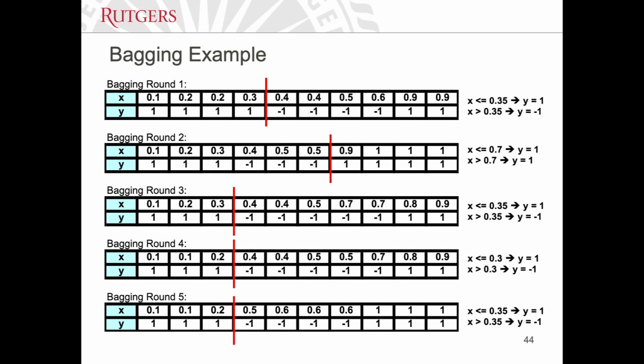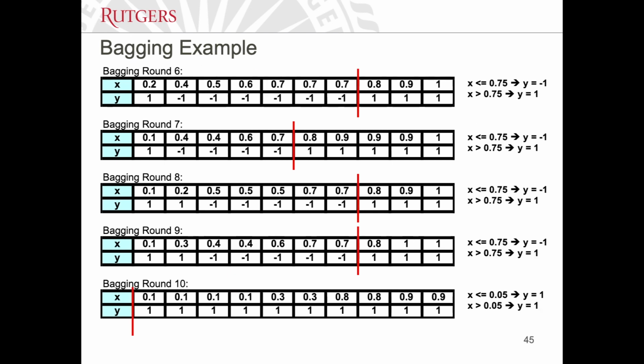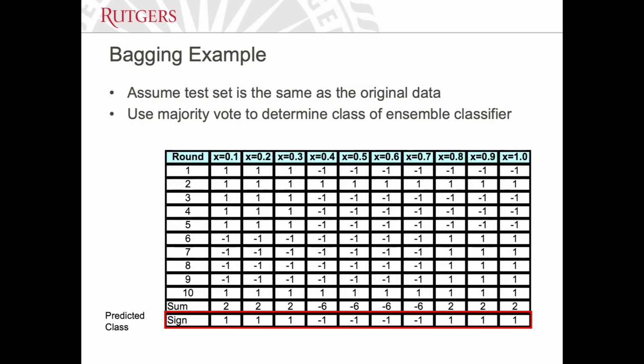In this example, we do the bagging method for 10 rounds. Then we classify the entire data set by taking the majority vote among the predictions made by each classifier. For example, at threshold 0.1, the majority class is positive 1, so the predicted class is positive 1.